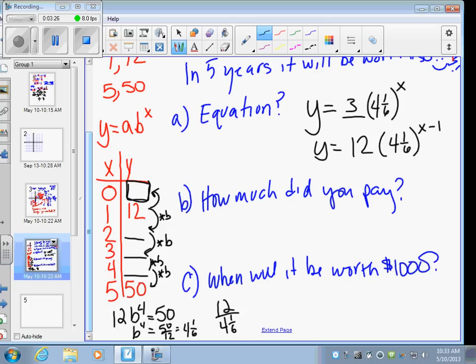So now it says, how much did I originally pay? Well, the original amount that I paid is whatever I get when I take 12 and divide it by 4 and a 6th. And we could probably do that. I don't have a calculator with me, but I'll say 12 times, because 4 and 1/6 is 25 over 6, so 72 over 25.